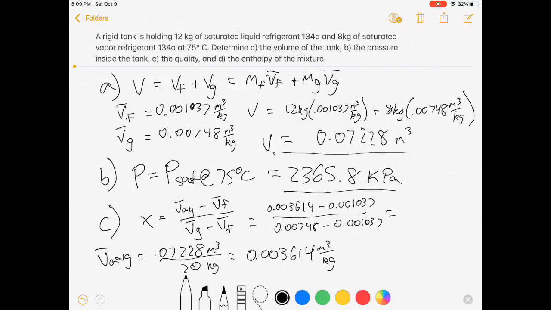So that's going to equal 0.39968, and we could really just round that to 4. So the quality is 4.